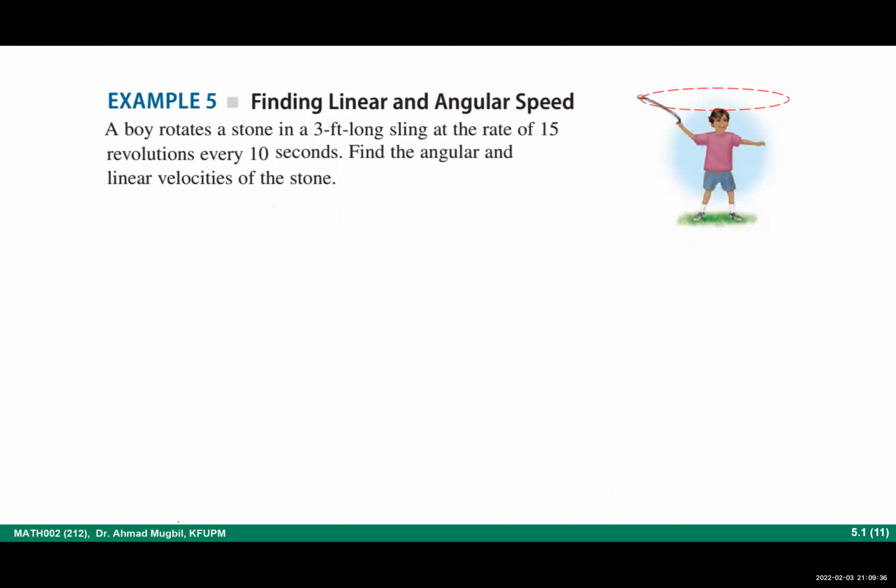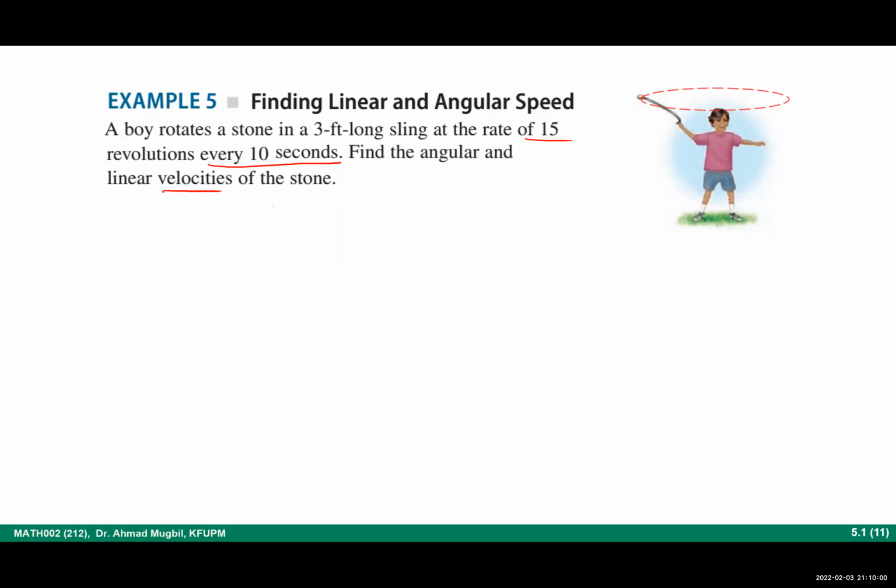Let's take this example about a boy who is rotating a stone in a 3 feet long sling or rope at a rate of 15 revolutions every 10 seconds. Find the angular and the linear speeds of the stone.